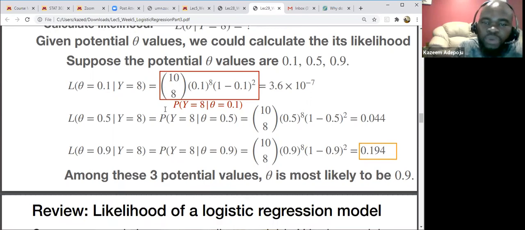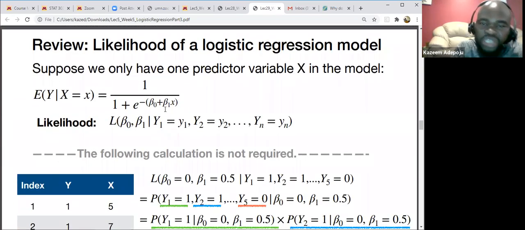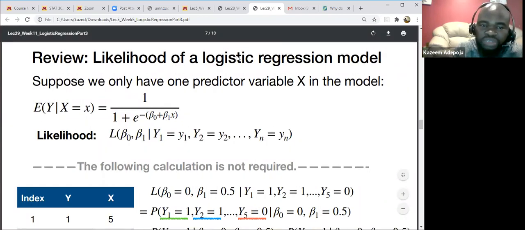Now we want to use that idea to estimate parameters in a logistic regression model. This is a logistic regression model.